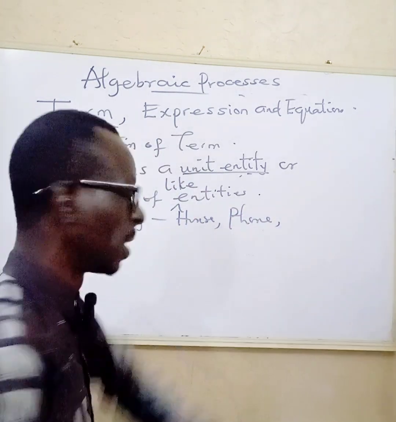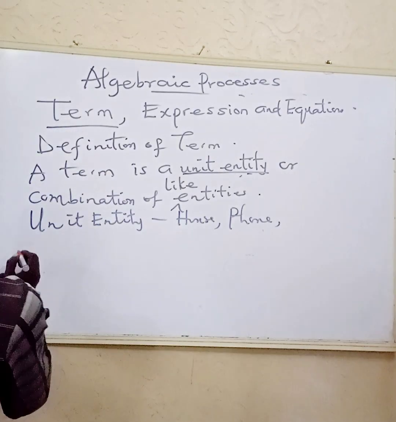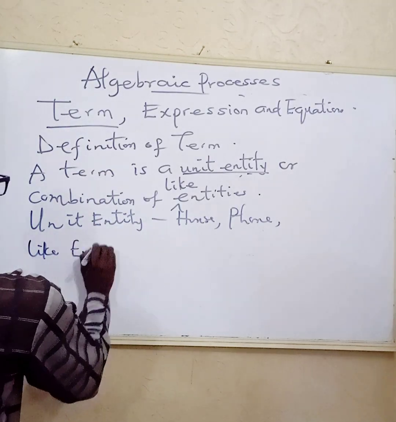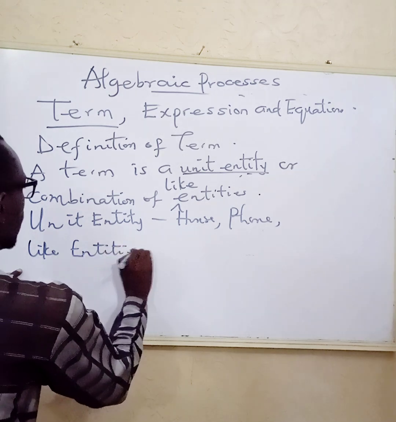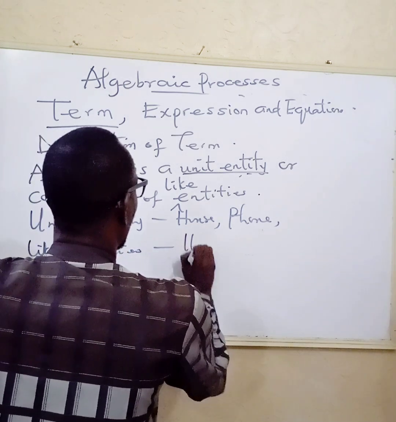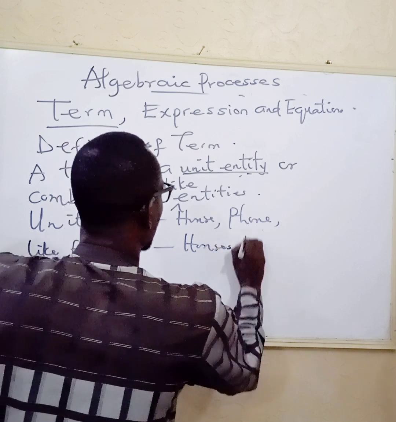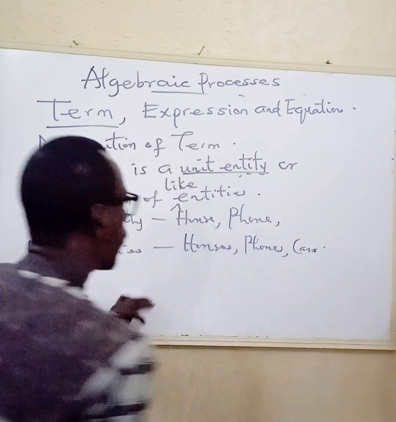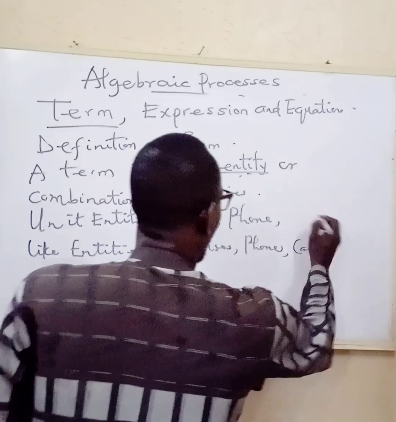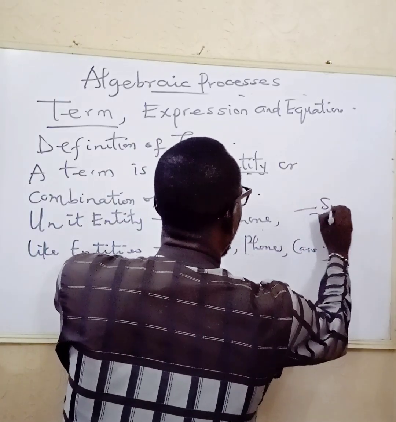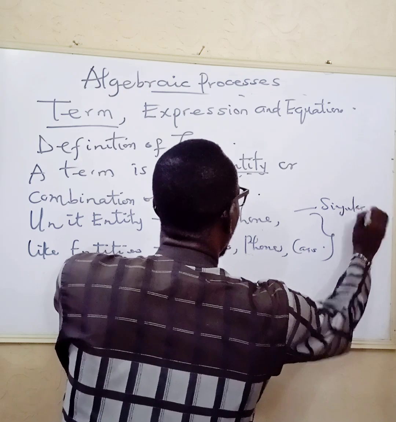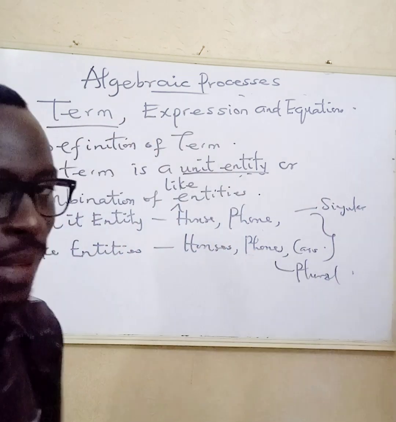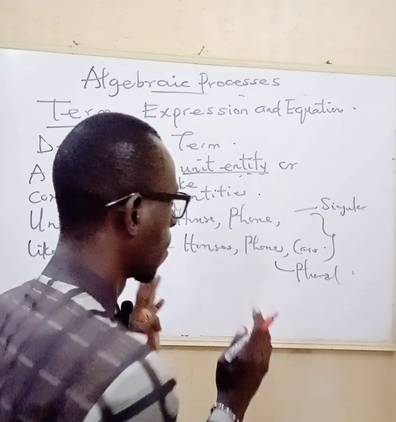Let's assume those are the unit entities, and we are talking about like entities: houses, phones, cars. From this use of English, we can call this a singular. This is plural. That is the English like.